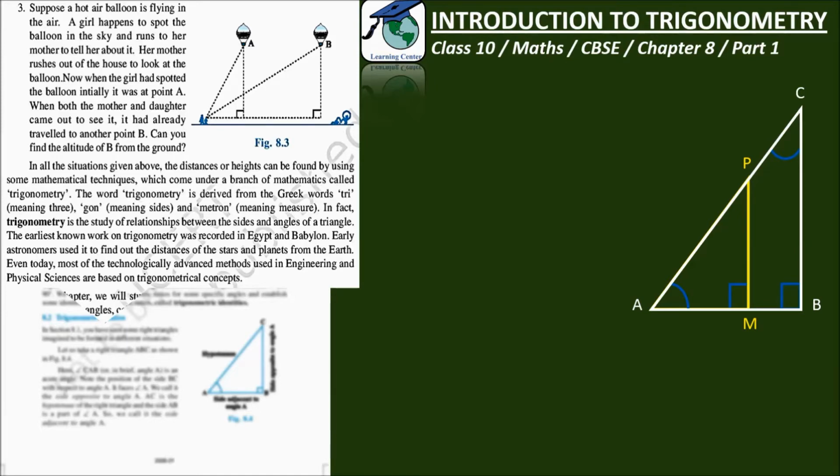Can I say that I will climb on the top of the moon and then measure the distance of the moon from the Earth? Obviously not. I need to use such instruments which will give me the angle and the direct distance so that I can get the correct position of moons, stars or any other planet. With these examples, now you can understand the importance of trigonometry and its application.